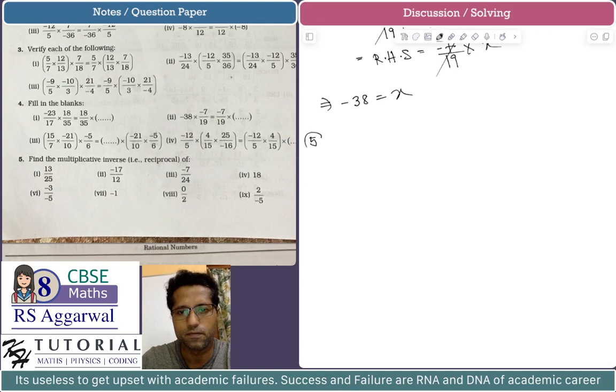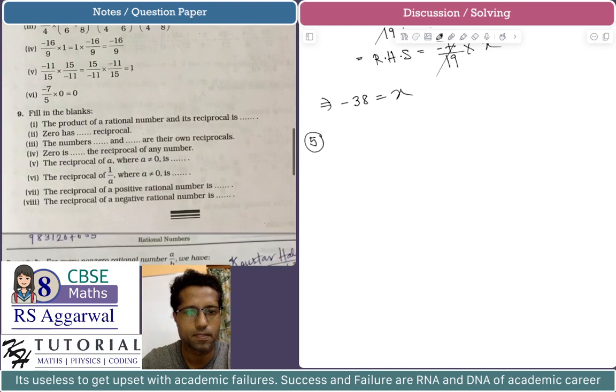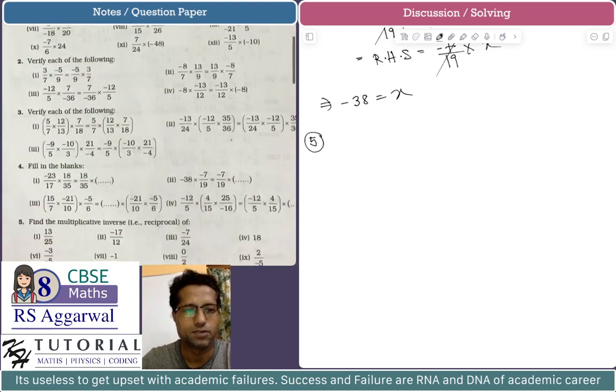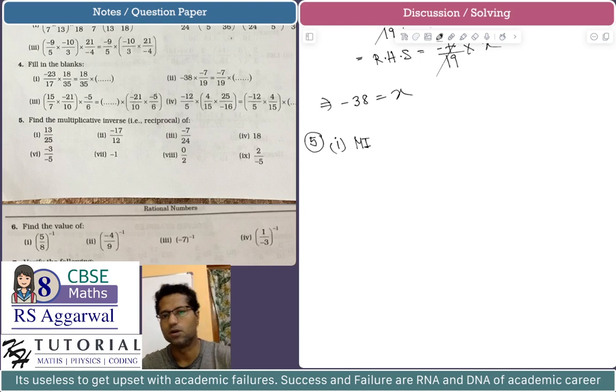Question number 5. What questions do we have? Okay. Question number 5 is asking to find the multiplicative inverse or reciprocal of. Let's do a few of them. I have not solved all of them. I am writing MI in short for multiplicative inverse.